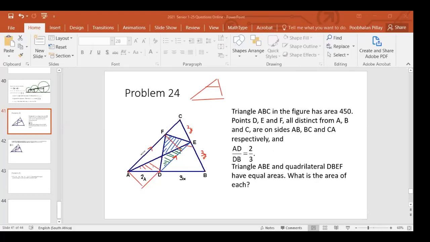Now at last we can say this whole triangle has got area 450, right? This triangle from here to here, right? Its area is the ratio of the areas of these two triangles.